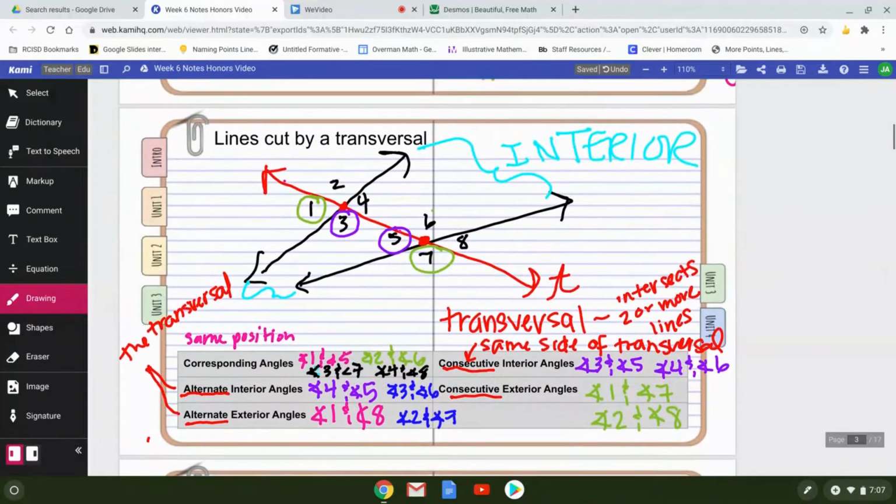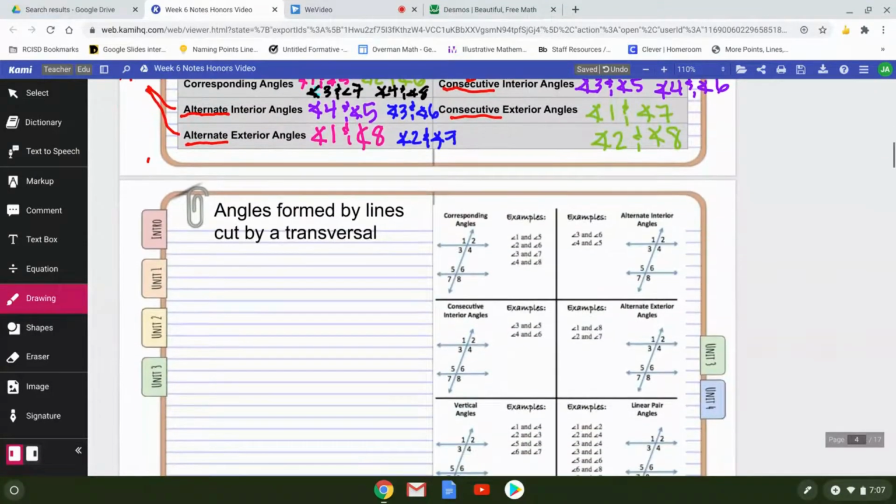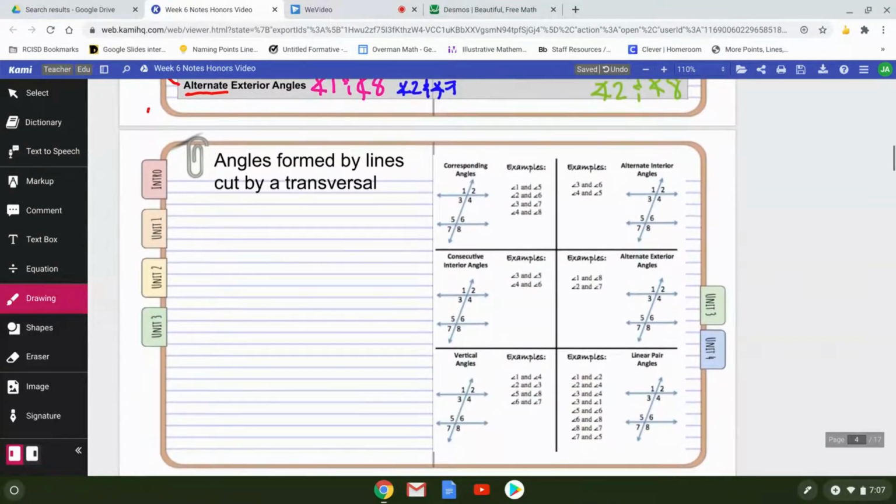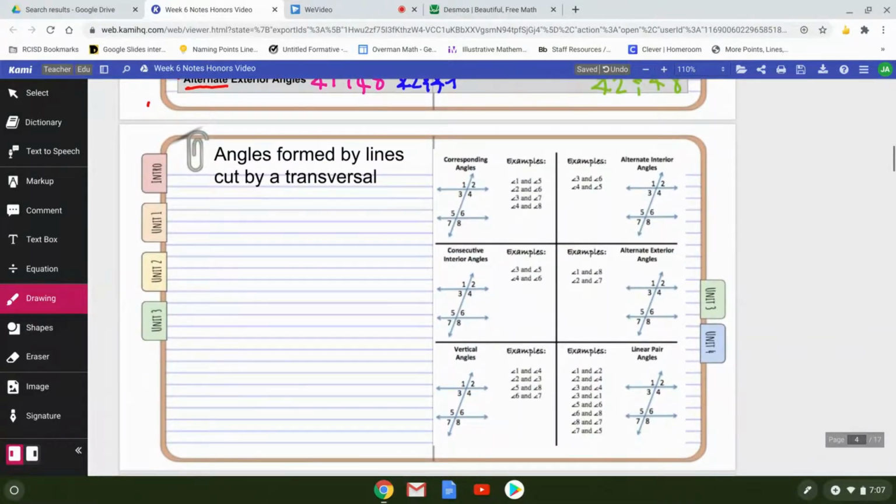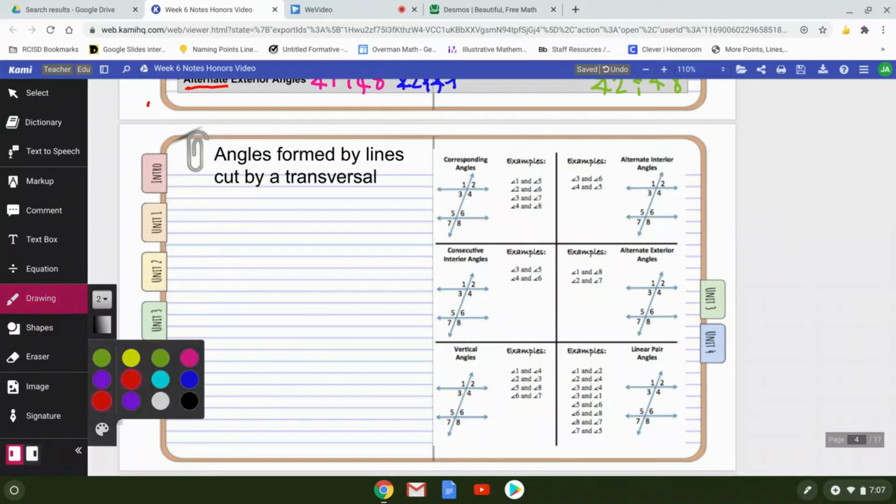So just in case you didn't take very good notes here, I provided you with a bunch of examples. Again, remember, alternate means they're on opposite sides of the transversal.